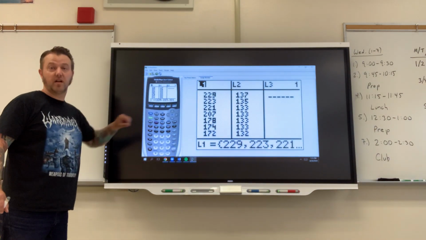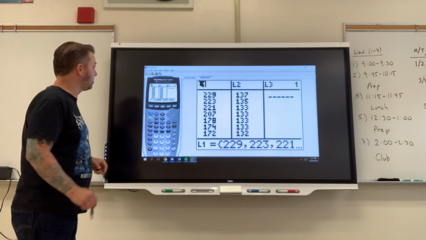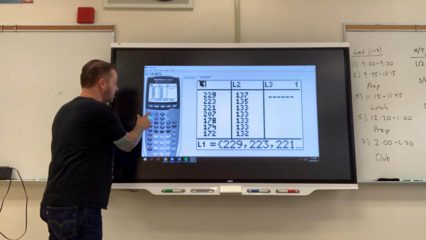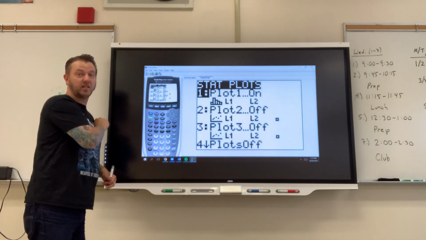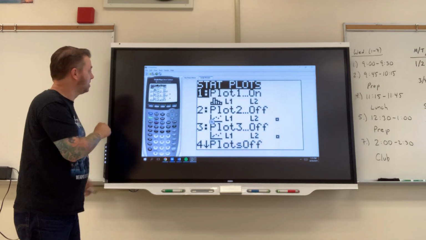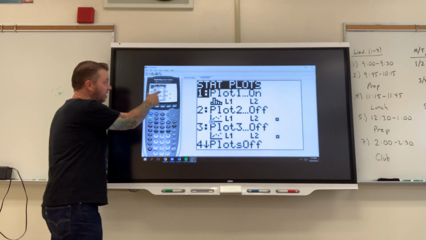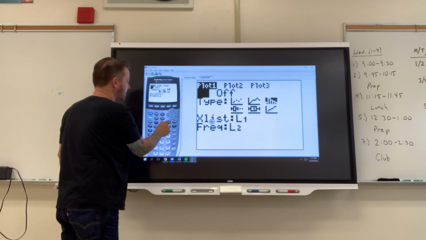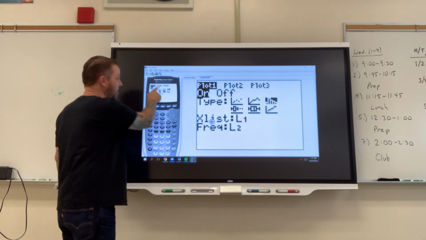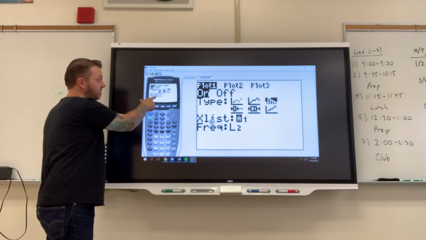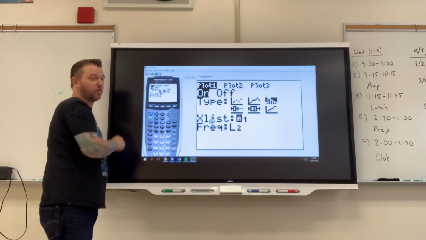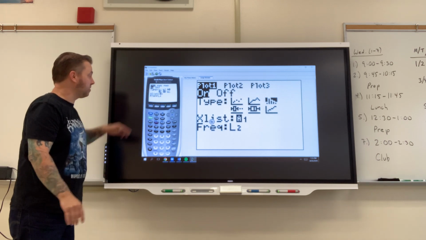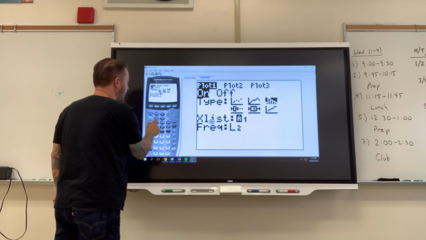So I've got all these numbers plugged into my calculator. Remember, second Y equals takes you to your stat plot. My plot is on. I want to look at a histogram. It says X list L1, frequency L2. I don't have the frequency here, so I'm just going to do L1.